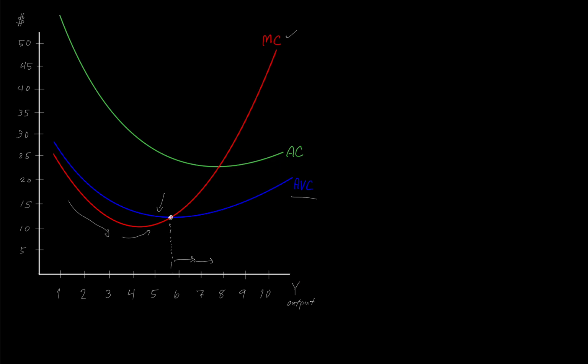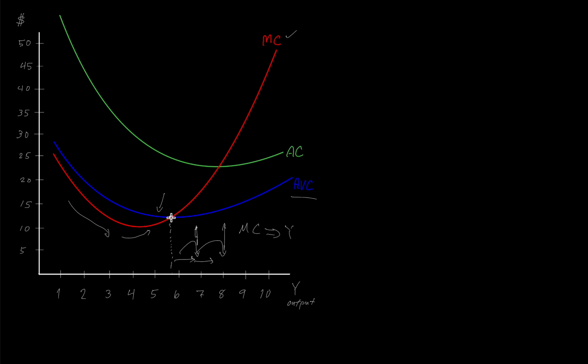And also keep in mind, just another unit of output like this is your output on the margin, which you can see going directly up, what the marginal cost is for that additional unit of output, right?